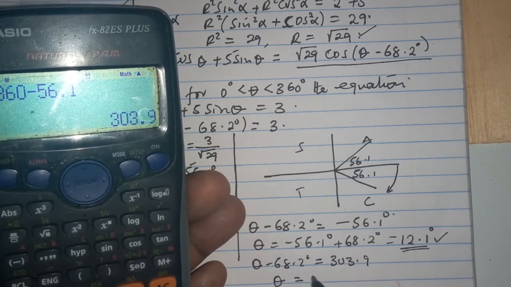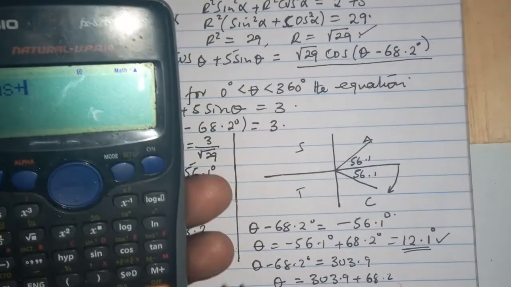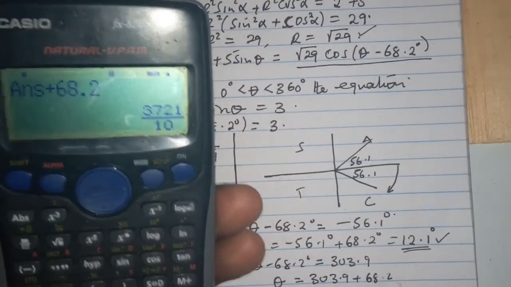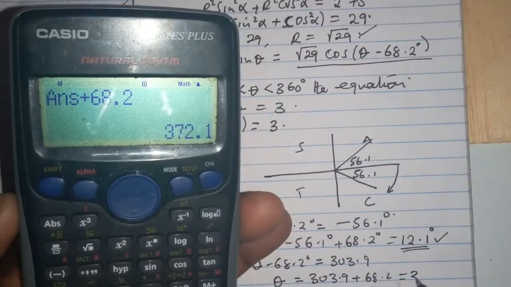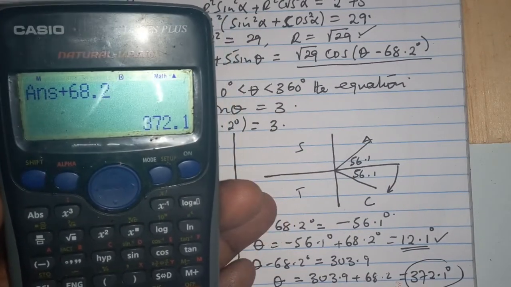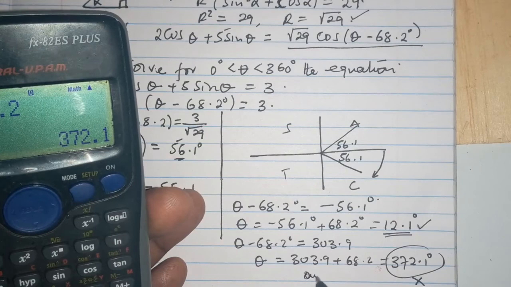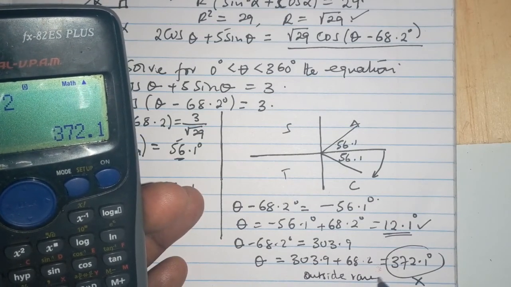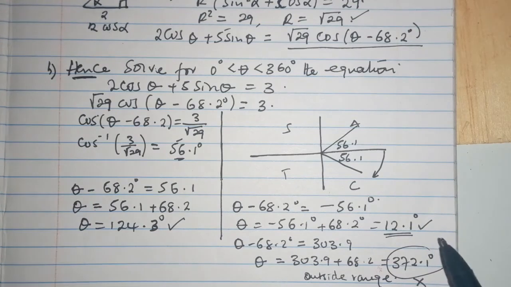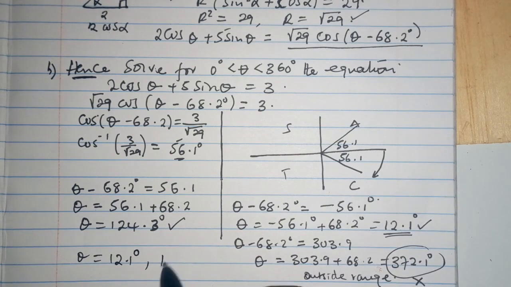If this is the case, it is going to be 303.9 plus 68.2, which is 372.1 degrees. And this one is not included because it is outside the range. That is why we can confidently say that our values of theta are 12.1 degrees and 124.3 degrees. All right.